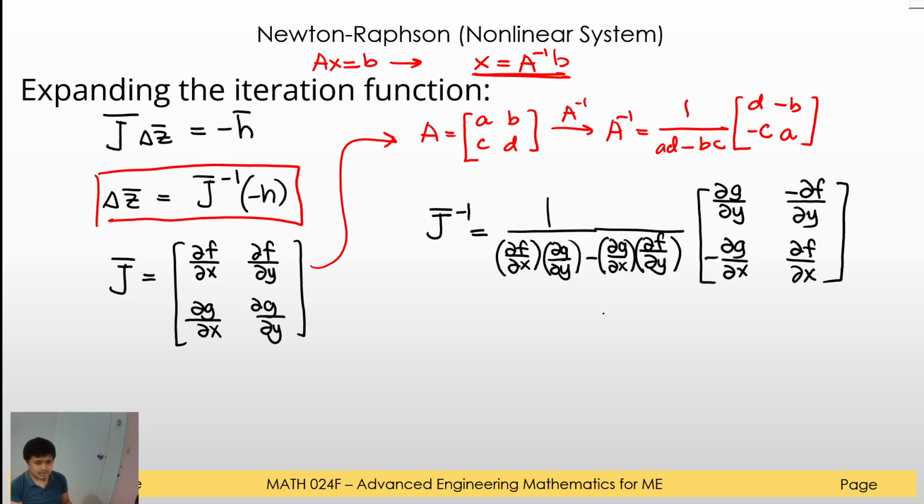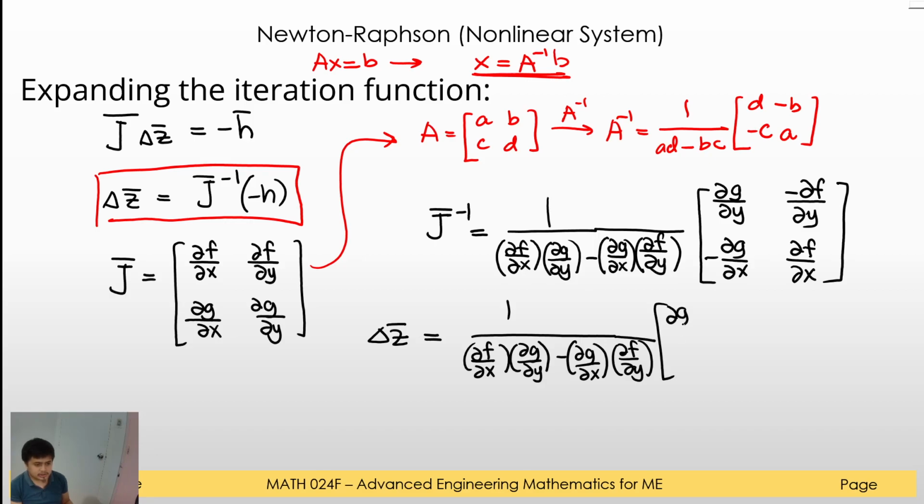Now, expanding this, if this is the inverse of the Jacobian, then the solution is just multiplying these two matrices. So we have negative h and then this inverse. So the delta z will be equal to 1 over this denominator, del g over del y, minus del g over del x times del f over del y.